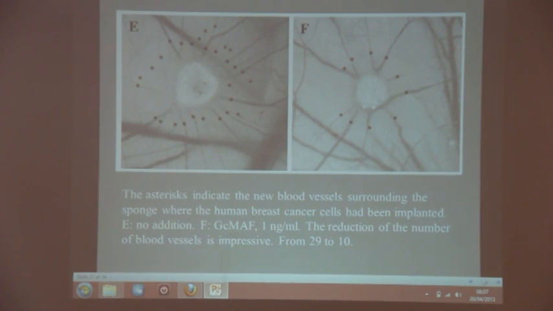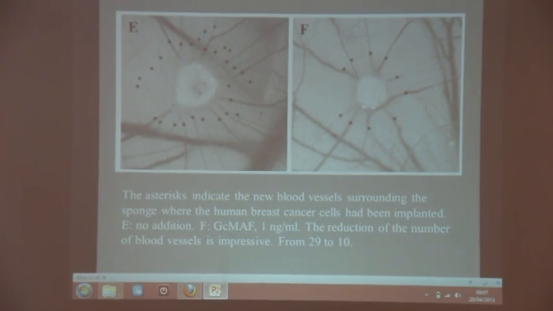But there is also a direct effect of Gcmaf on angiogenesis, because if you put prostaglandin E1, that is, no cells but just the angiogenic factor, in this sponge, you see absolutely the same result. So we can safely state that Gcmaf also has a direct effect on angiogenesis, that is, it inhibits angiogenesis.